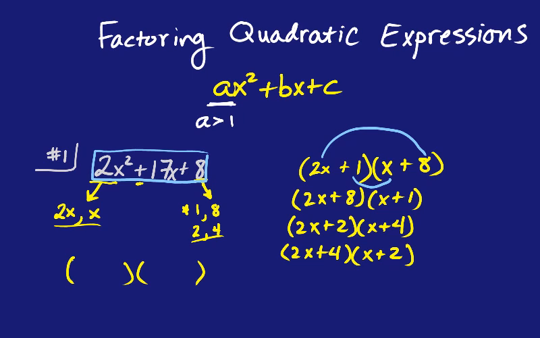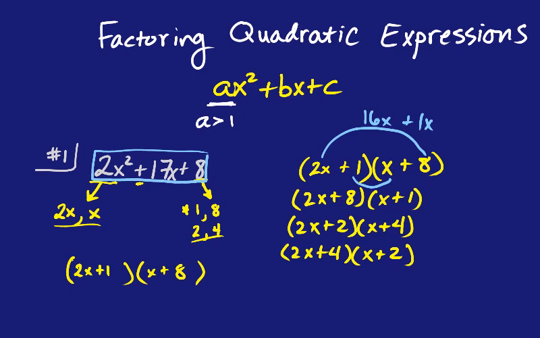If I multiply them, 2x times 8 is 16x, and 1 times x is 1x. 16x plus 1x is 17x. So I lucked out. The very first one I made was the actual answer. Your answer is 2x plus 1 and x plus 8.